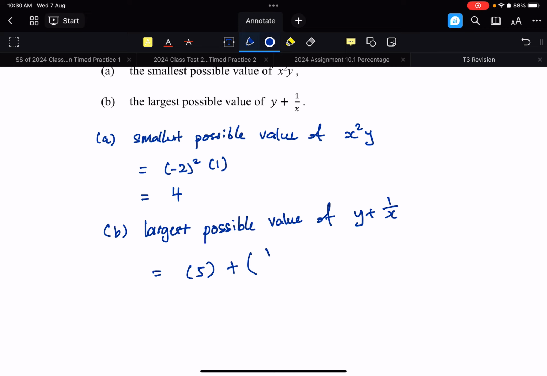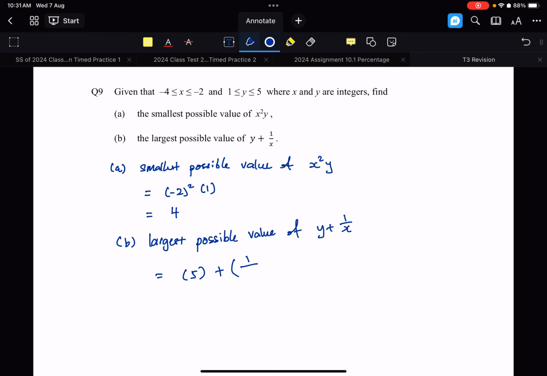The largest 1 over x is going to be 1 over negative 4, right? So we will actually subtract 1/4. If we put negative 2, it will actually subtract a half, which will end up with a smaller value. Okay, so this will be 5 minus a quarter, which is 4 3/4. Right? Okay, so let's move on.